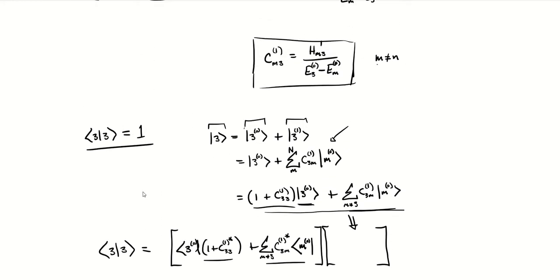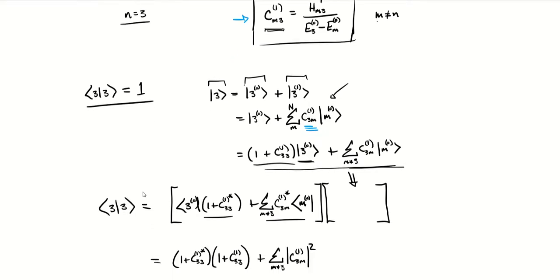Coming back here, we now know the coefficients for every term. So again, we're looking at the n equals 3 state. We're looking for the coefficients, essentially, for how to write that in terms of our unperturbed states. We have this equation we've sorted out for all the states other than the n equals 3 state, and we've just shown that for the n equals 3 state, it's 0, right?